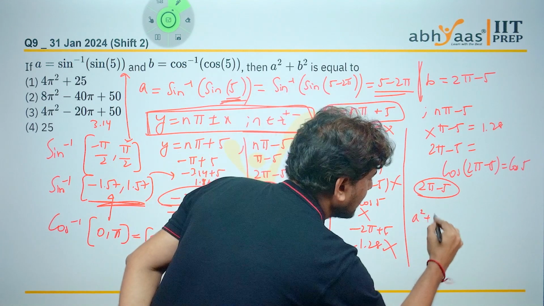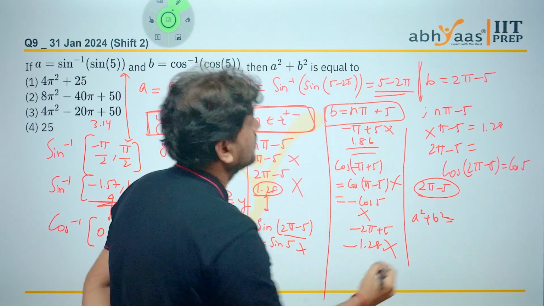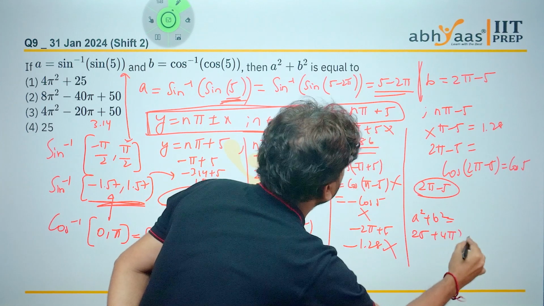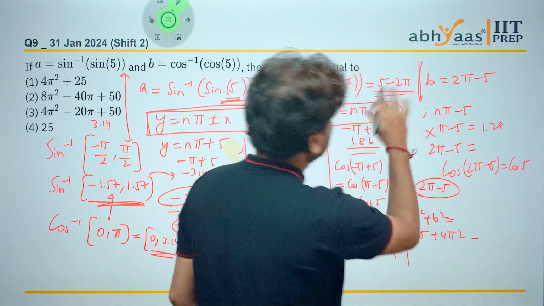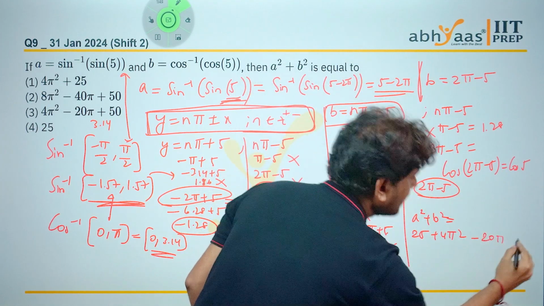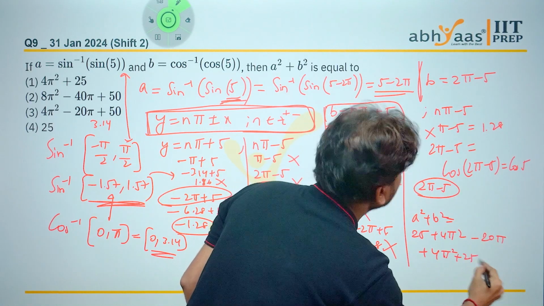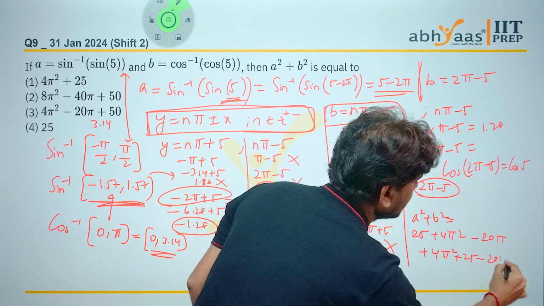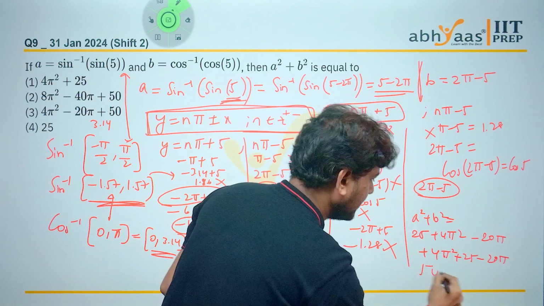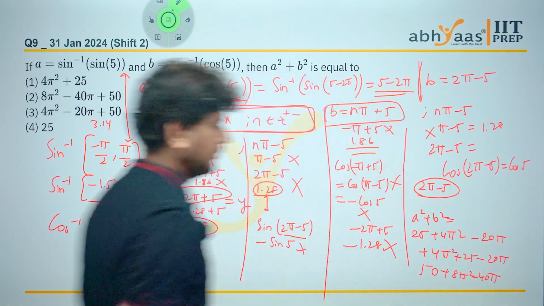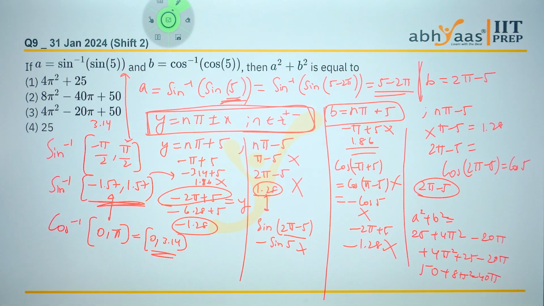So A square plus B square is equal to 25 plus 4 pi square minus 20 pi plus 4 pi square plus 25 minus 20 pi. So 8 pi square minus 40 pi plus 50. So this is our answer.